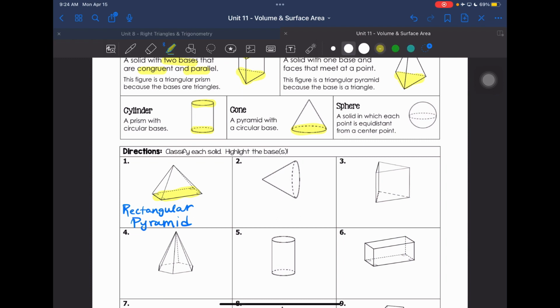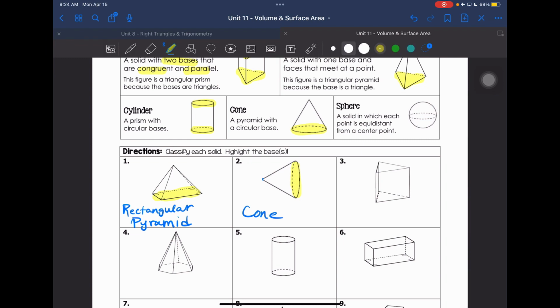And that's it. Number two, you see that I have a base right here, and then the rest of the shape meets at this point, which tells me it's a cone. And cones, there's only one type, so I don't need to specify any more.